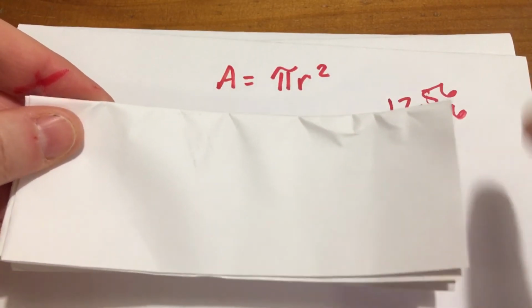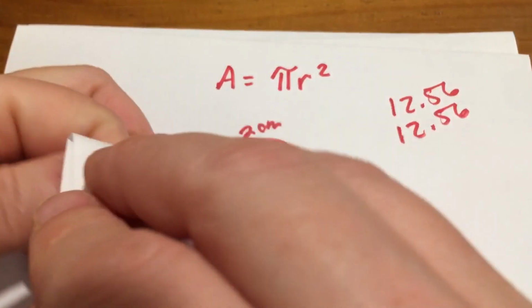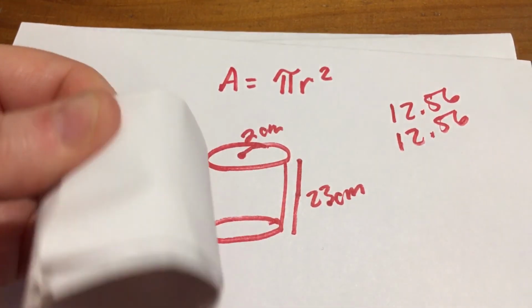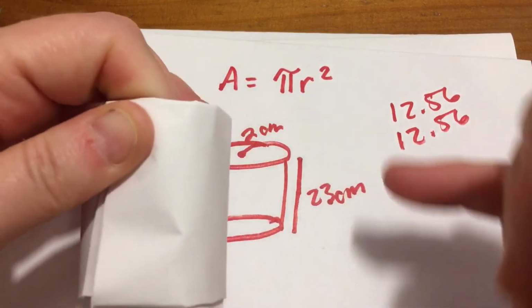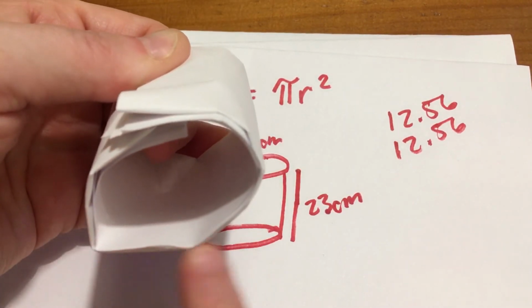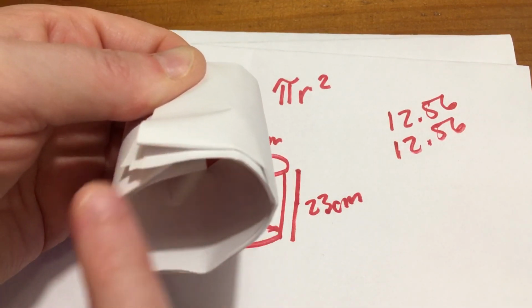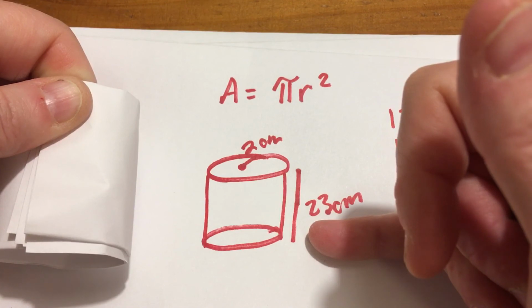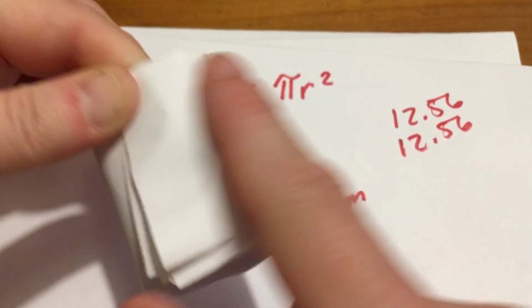That's our length times the width. When we fold it back into a circle, this becomes a circumference. And what does this become? That becomes the height that they give us here. So we have to find the circumference of this circle, and then we have to times it by the height to find the surface area of this whole thing.